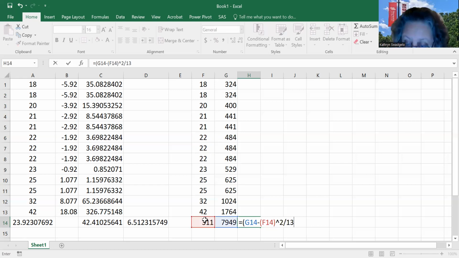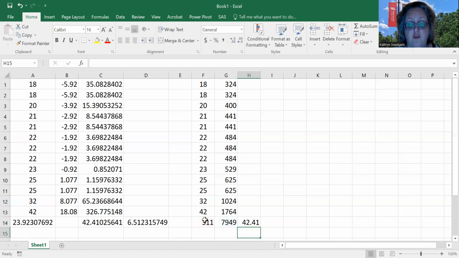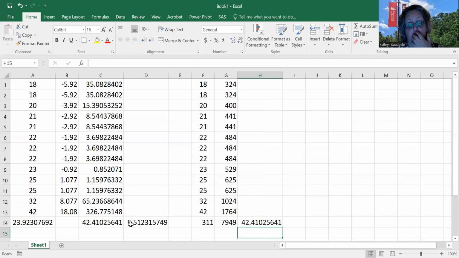That's the end of my numerator. So I'm going to close my parenthesis, and divide by the n minus 1. The n minus 1 in this case is 12. And notice I get the same exact number here for my sample variance. And of course, I could put the square root right here in order to find the standard deviation.